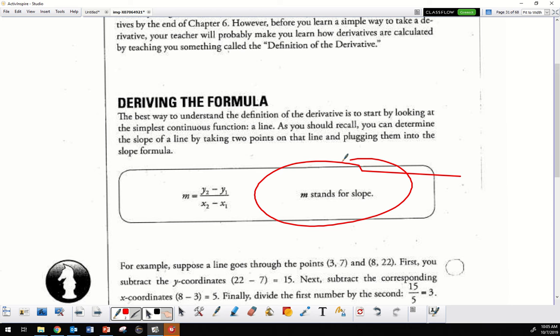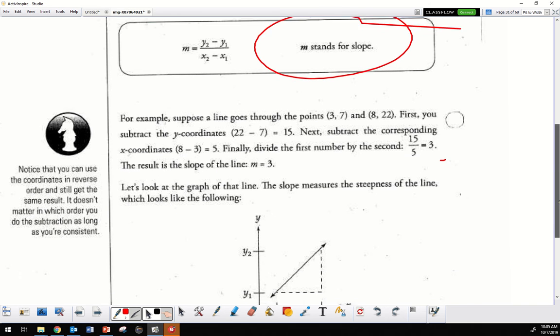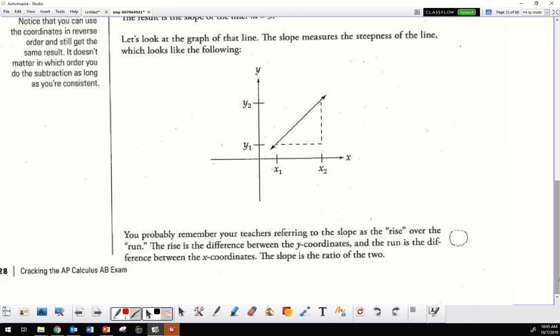Every time I'm talking about this, it's find the slope. The whole point of calculus, doing derivatives, it's always a slope. So, rise over run.